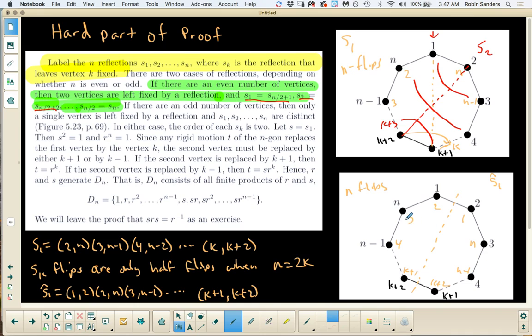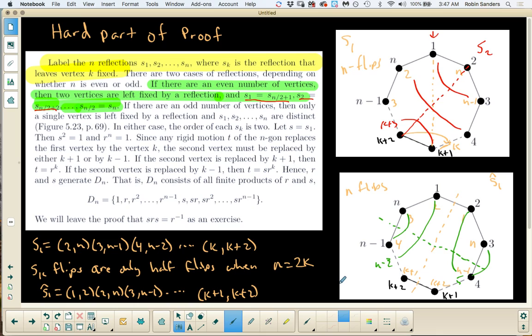It's important to realize, well, the other one that's easy to see here would be, and let's get this into a different color. If I used that line for my line of reflection, then these two vertices would flip, and 2 would flip with 5, and 1 would flip with n minus 2.